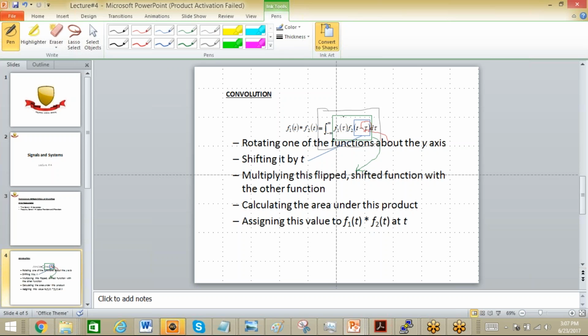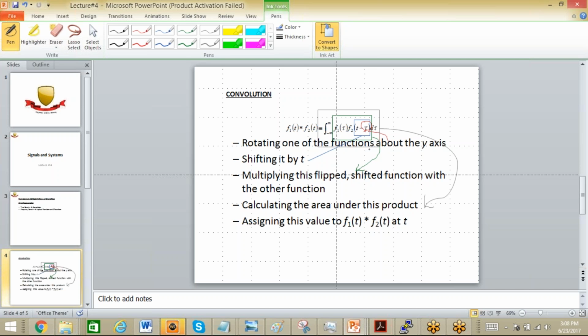This integration shows the area under the product. This calculates the area under the product, and then you can assign this value to f1 cross f2, or f1 convolution f2.